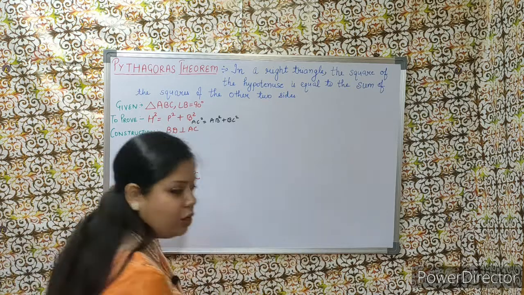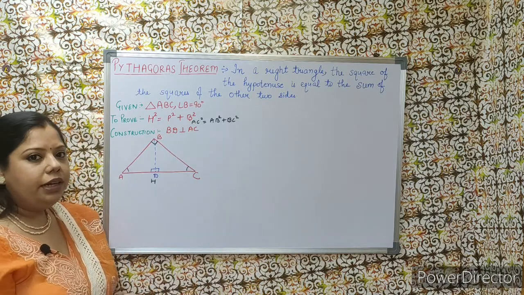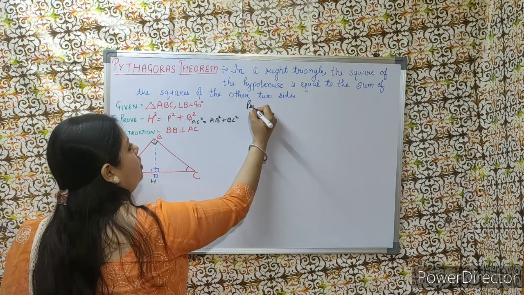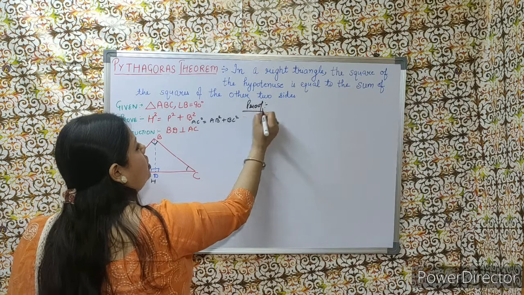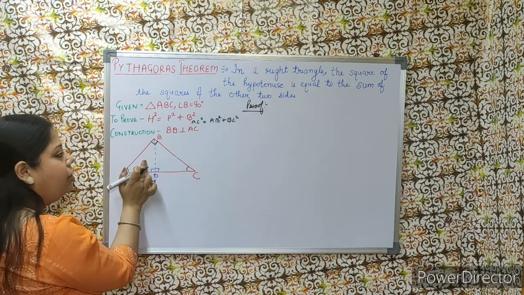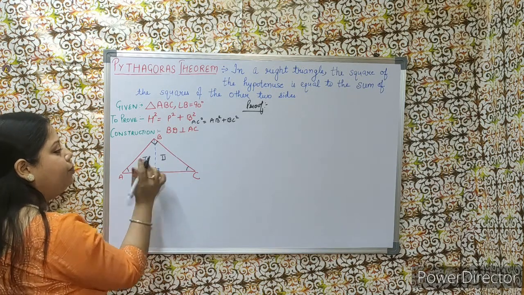I will advise you, whenever you have to prove a theorem, you must split it into some smaller parts. So first of all, I want to prove that this smaller triangle is similar to the bigger triangle ABC. I have two triangles here now.